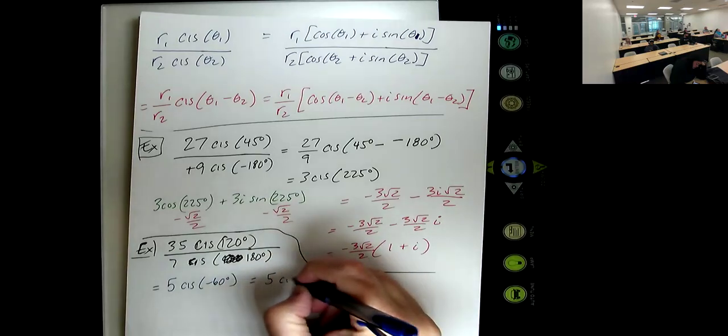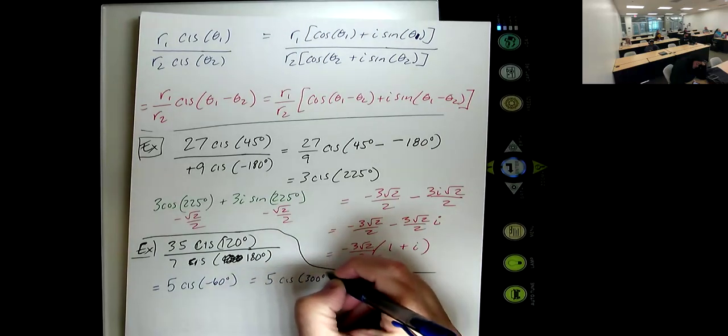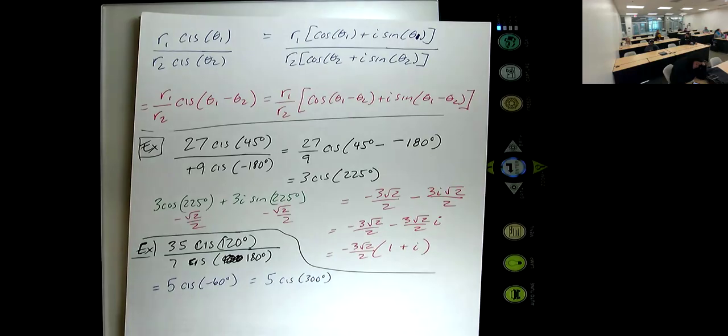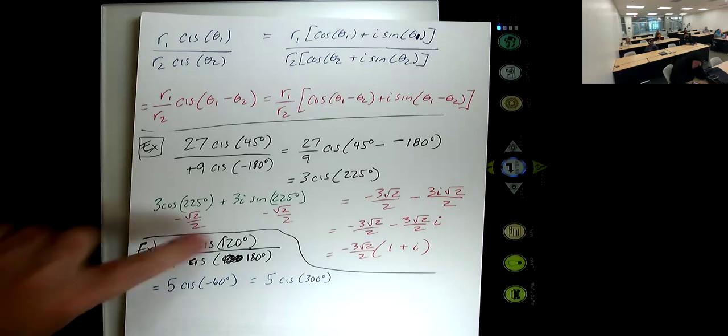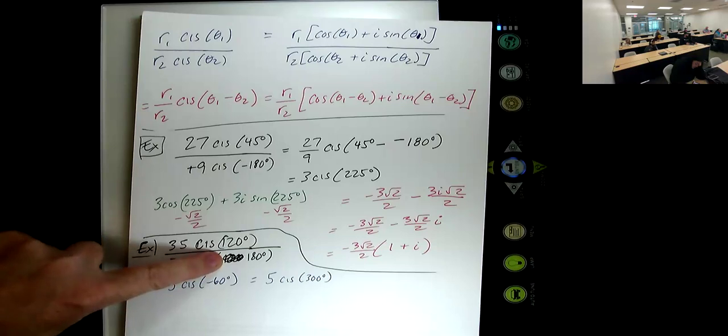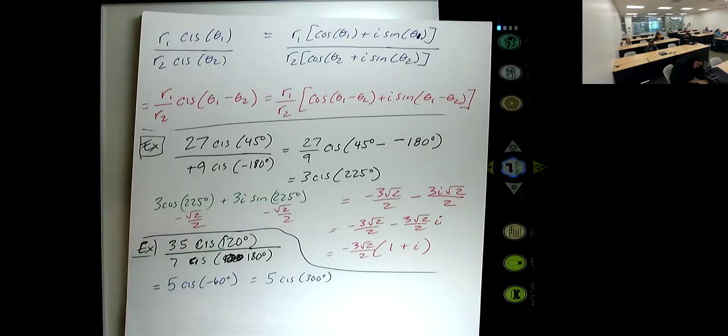She said 5 cis 300. We'll see, but the 180 there is positive. Give everyone else a little bit longer, see if Jordan's completely wrong.